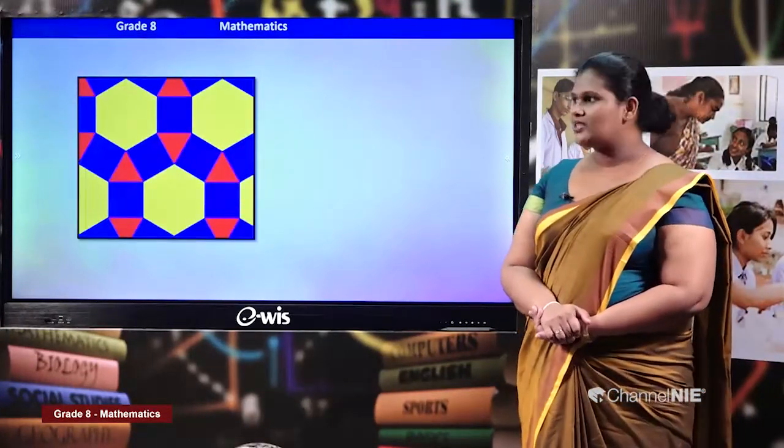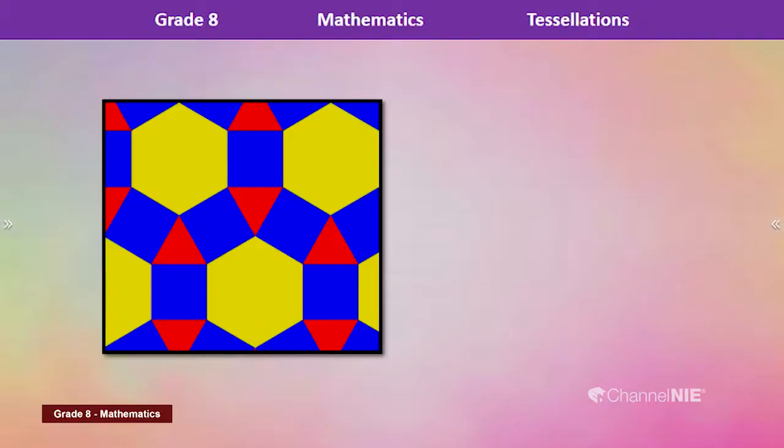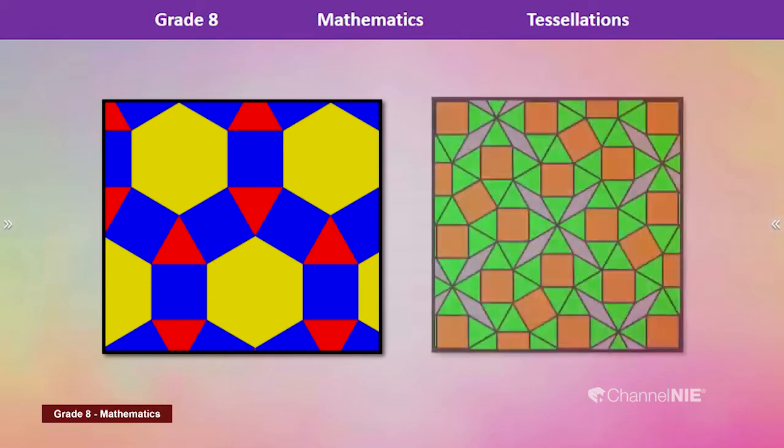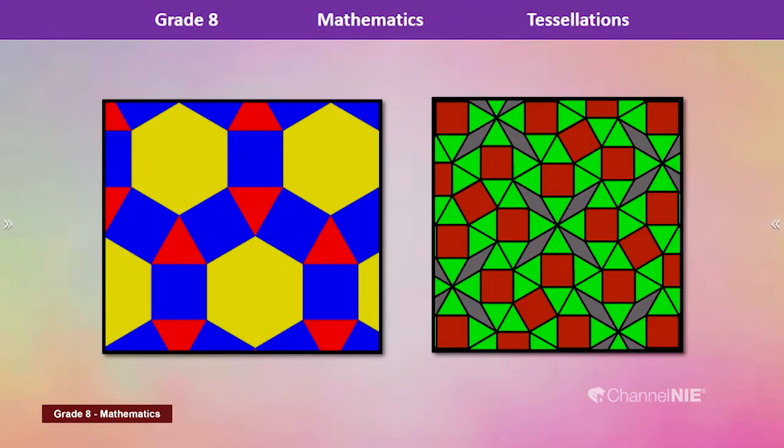Right. Now what about this? Here I can notice 3 types of shapes. I can see a square, I can see some triangles, I can see some hexagons. They have colored the hexagon in yellow, they have colored the squares in blue, and they have colored the triangles in red. Isn't that so? Right. Once again, we can consider it as a tessellation.